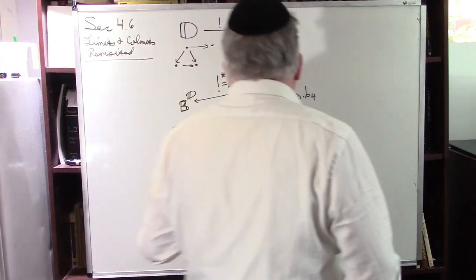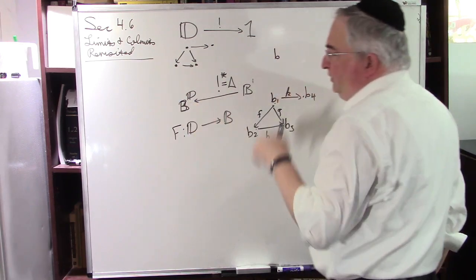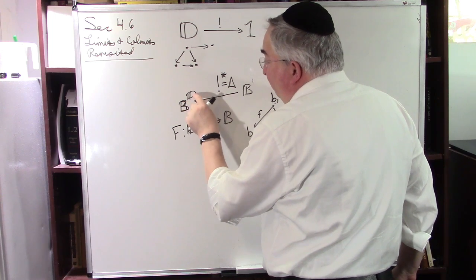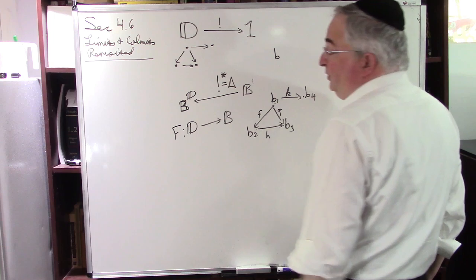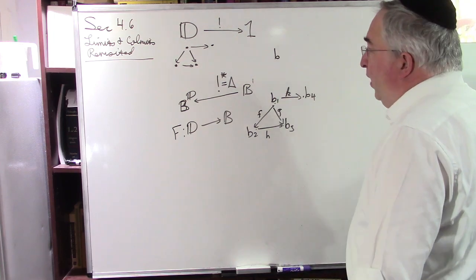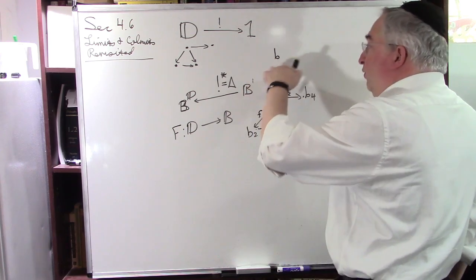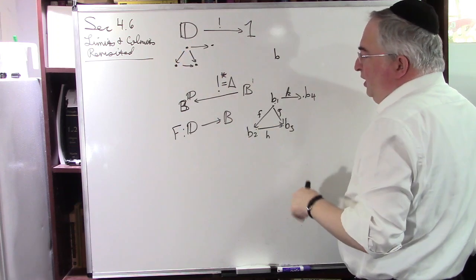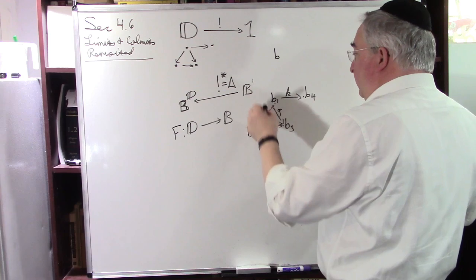Okay, question. What are the morphisms in this category? The objects of this category are functors from D to B. The morphisms are natural transformations between those functors. Basically, you have many objects, and you can think of it as a diagram like the one I just erased, but a natural transformation is morphisms from here to there.